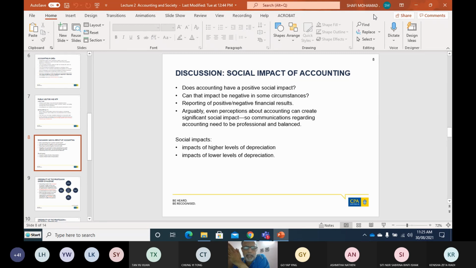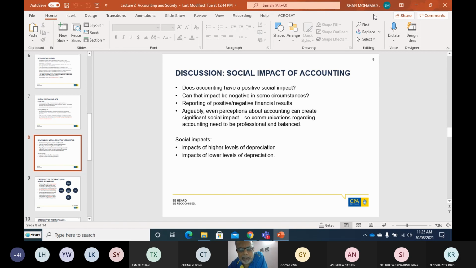Reporting of positive and negative financial results. Positive means company doing well, making profit year by year, increasing. Negative means company making loss. So sometimes when companies are in that situation, they try to hide it.